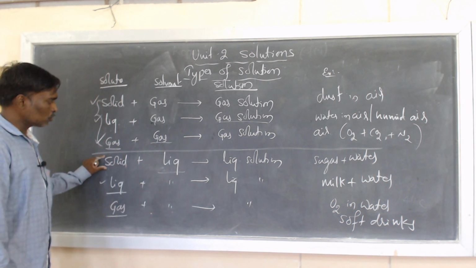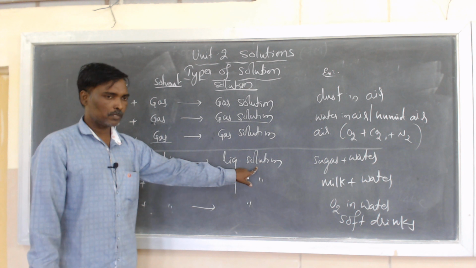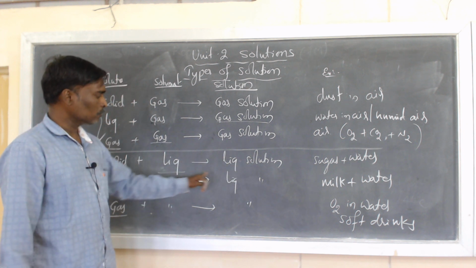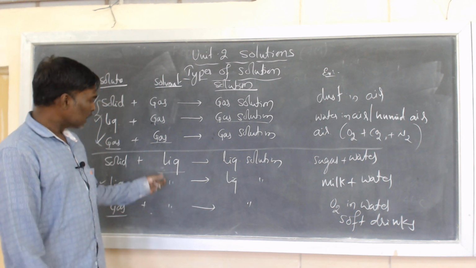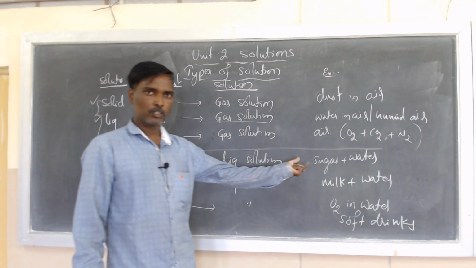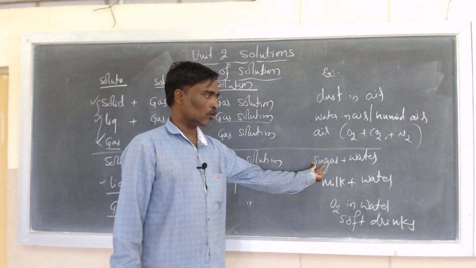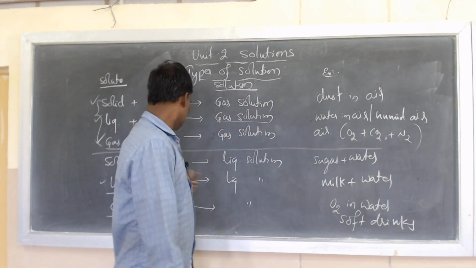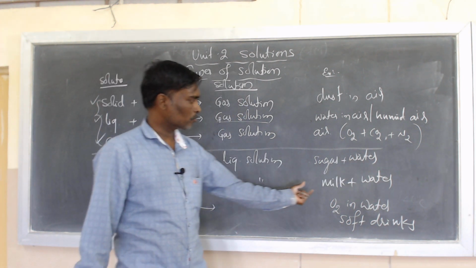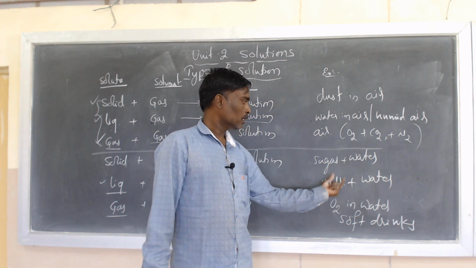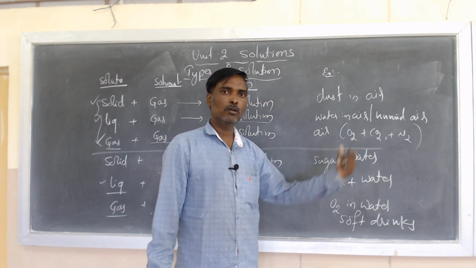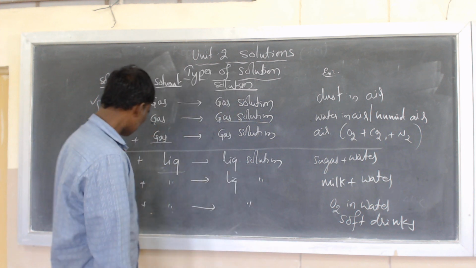And in liquid solutions, solid in liquid forms a liquid solution, liquid in liquid also forms a liquid solution, and gas in liquid also forms a liquid solution. Example for solid in liquid is sugar in water. Sugar is solid, water is liquid. Example for liquid in liquid: milk plus water or alcohol in water, where solute as well as solvent are both in liquid state.